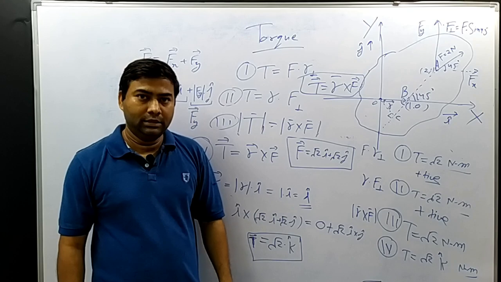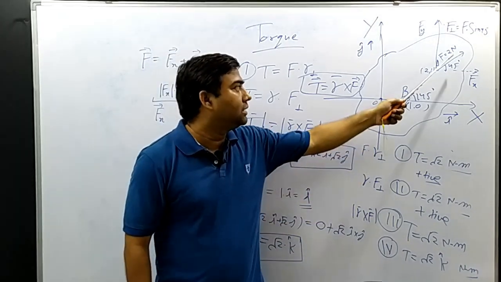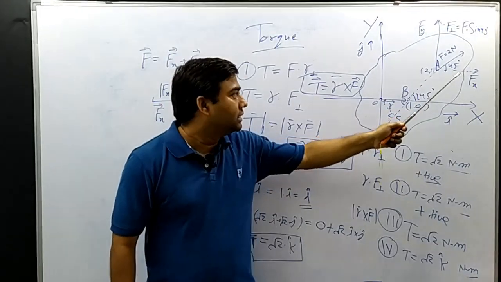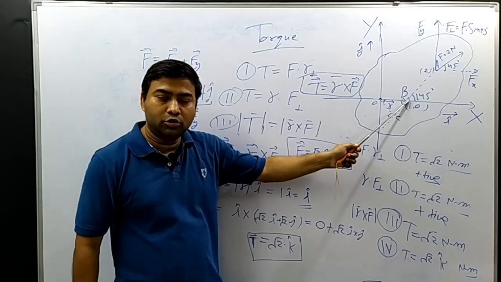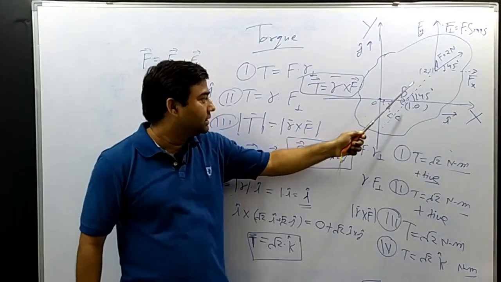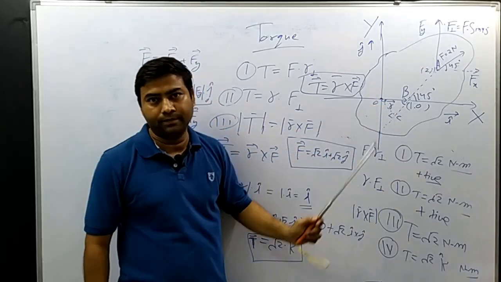So again I am repeating, a force can be transferred along its line of action. It is acting at point A, it can be transferred to B also in the same direction. It can be transferred to C also in the same direction.